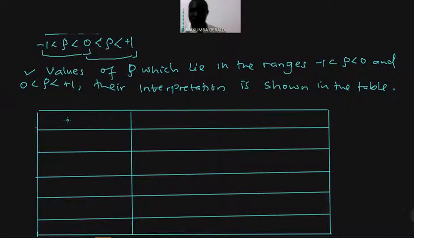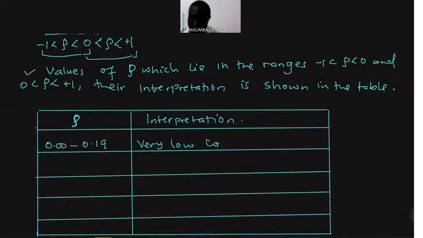Within this table, we are going to fill in the ranges, here we have our calculated value of rho, and here we have the interpretation. When we calculate the correlation coefficient and find that the value is between 0.00 and 0.19, this shows a very low correlation.